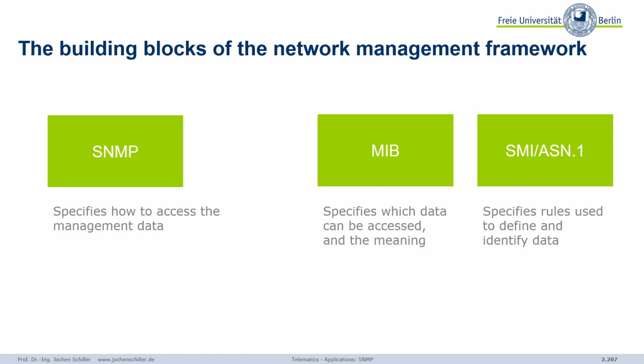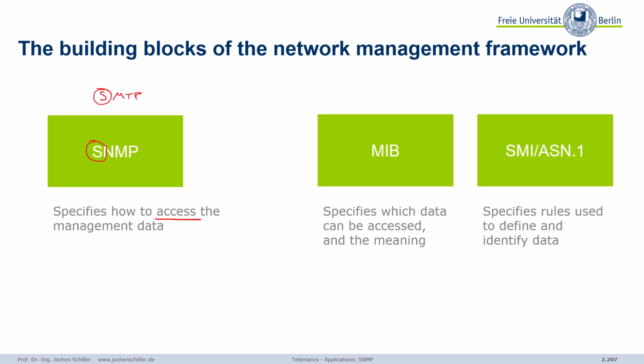We need a protocol to access the data, SNMP, the Simple Network Management Protocol. You remember SMTP, also a simple protocol basically to transfer emails. Here we have SNMP, a protocol that specifies how we access management data.